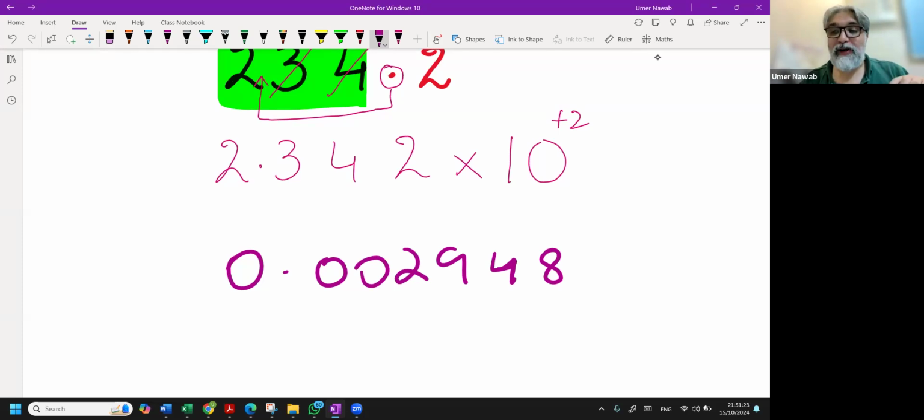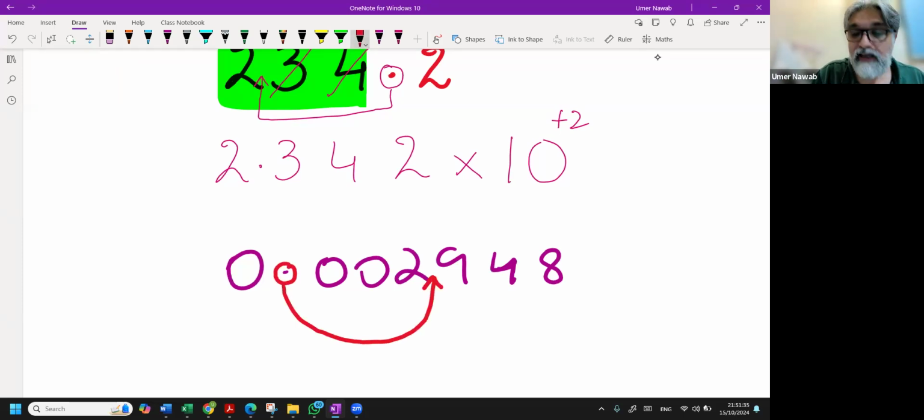So in order to bring this number to the significant, you will again say, Mr. Omar, we need to make this number between 1 and 10. So I have to move this decimal from here and bring it in front of 2, that is, between 2 and 9. So 2.9 is between 1 and 10.